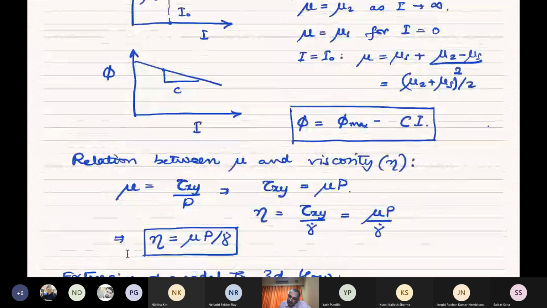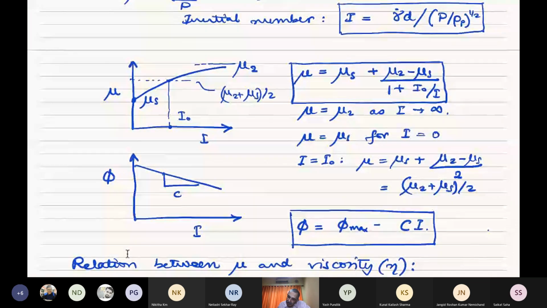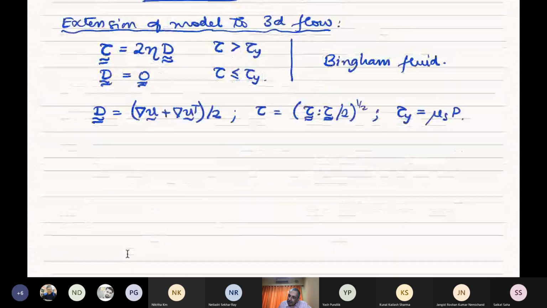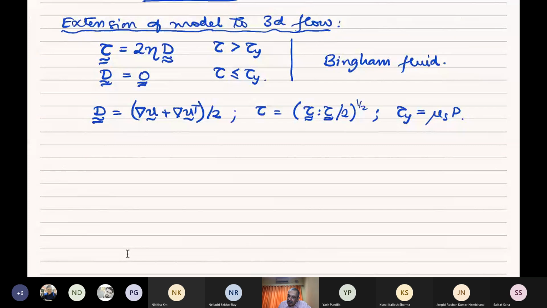So, you can see from here that your mu cannot go lower than mu s. The minimum value of mu, even at I equal to 0, the minimum value is mu s. So that means you have to have your stress has to be, if there's flow, then your stress has to be greater than mu s times p. So this is where this tau y comes from.